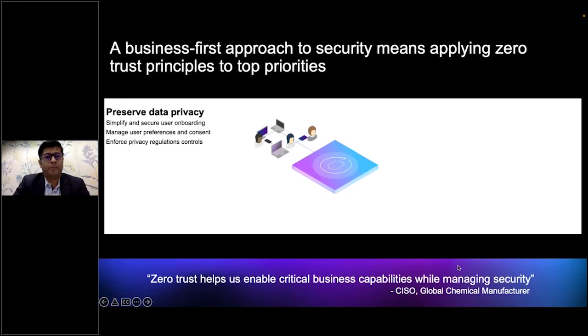We know how important this is. GDPR, right? On similar lines, there is a data protection bill, the India privacy law, and there are huge fines, like 15 crores, associated with non-compliance. So data privacy becomes very, very important.